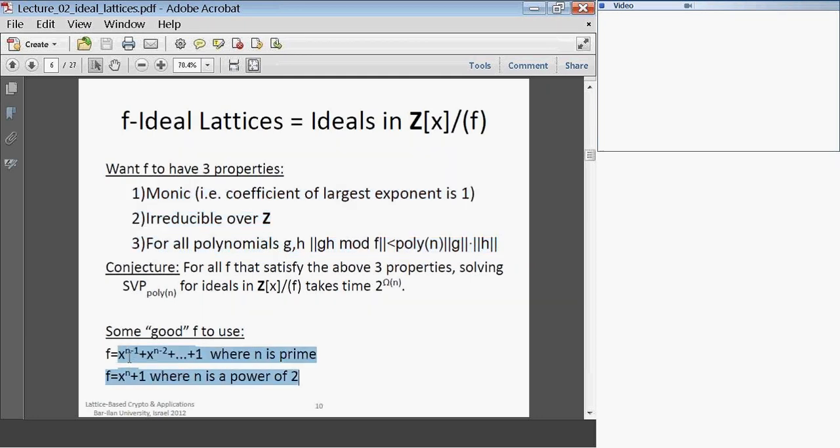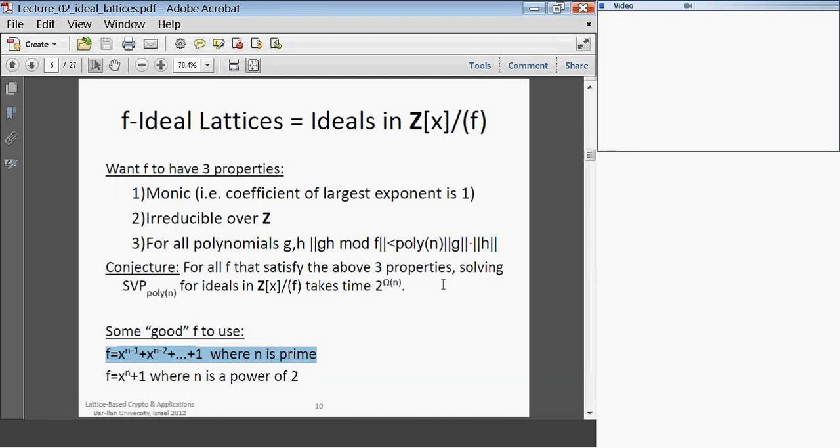And as for the types of polynomial we divide by, there are two very important types. One of them is represented using a power of 2, so it's x^n plus 1 when n is a power of 2. Another case corresponds to the polynomials where the subscript n is prime.